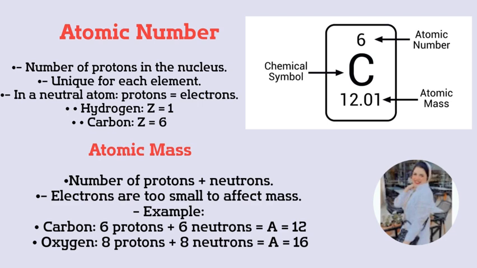Like hydrogen has one proton, carbon has six protons. So atomic number is the number of protons inside the nucleus. In a neutral atom, the number of protons equals the number of electrons.